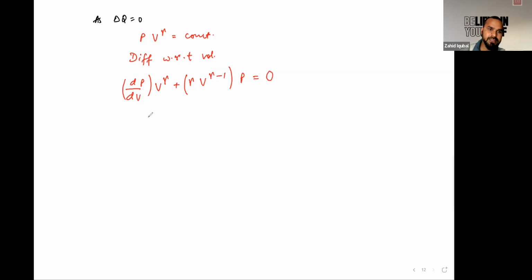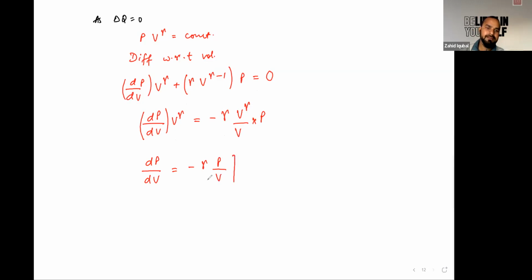So if you rearrange this equation, dP by dV is equal to minus gamma V to the power gamma divided by V multiplied by P. So V to the power gamma cancels out, leaving dP by dV is equal to minus gamma P by V.